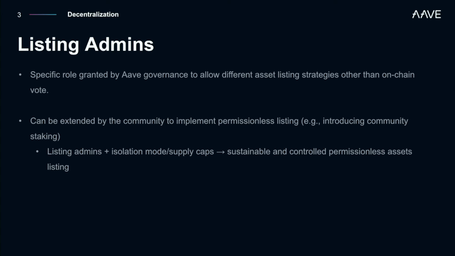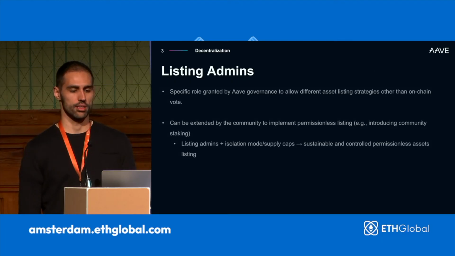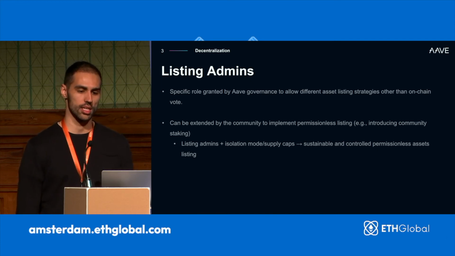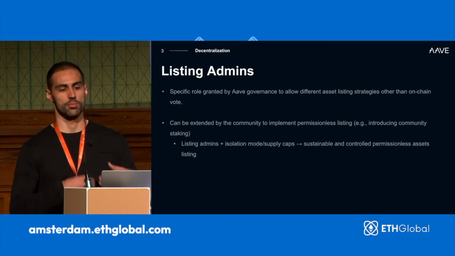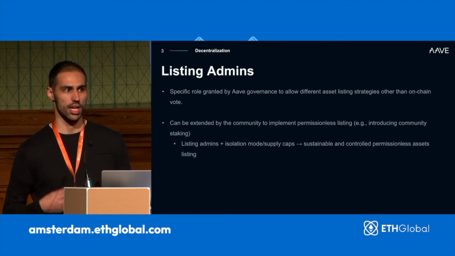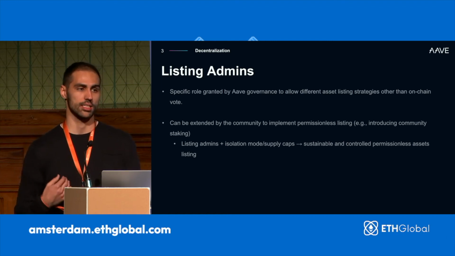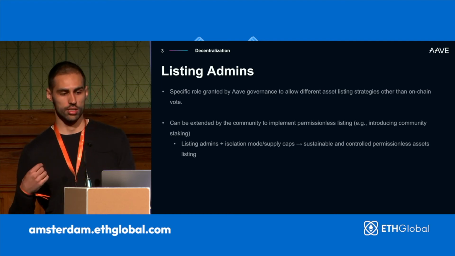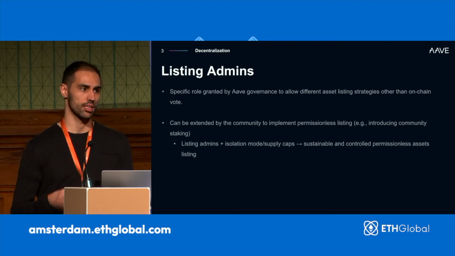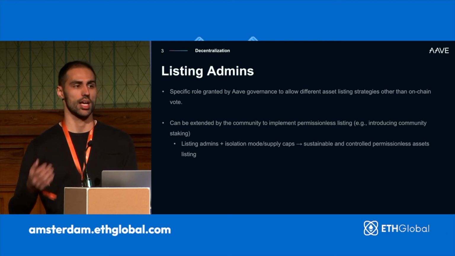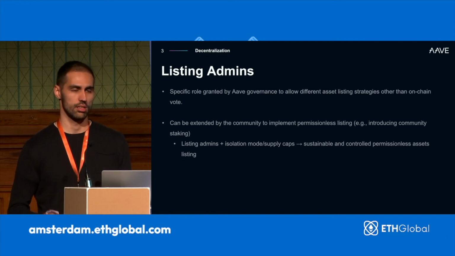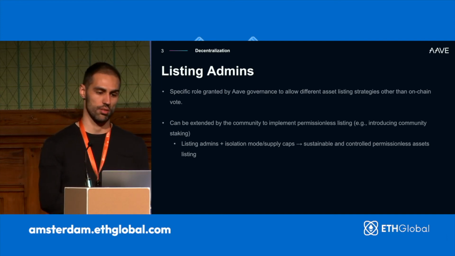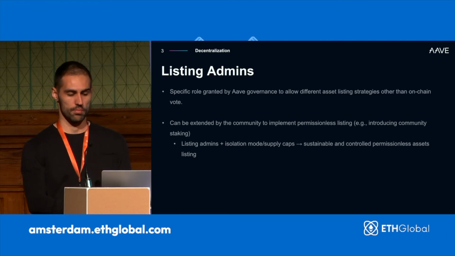One of the discussions in the community forum is permissionless listing. What if a community of users is able to decide which asset they want to list, so they can stake a part of these assets in the protocol and use them as a backstop in case something happens. So yeah, really cool.